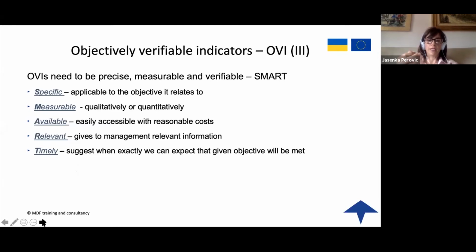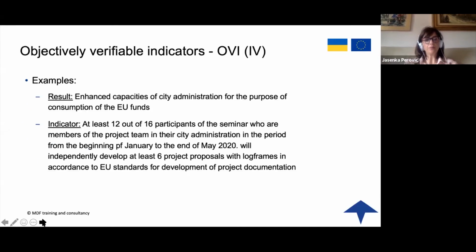This is what I've just said, that they really measure the results or the specific objective or the overall objective, and timely. So it gives the clear deadline by which this needs to happen. Again, these are some of the examples that can help you and can perhaps inspire you how to define it if you do not have experience in doing so.